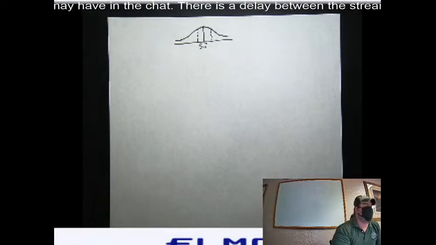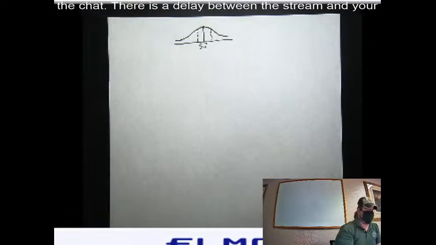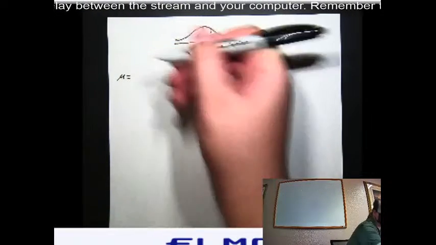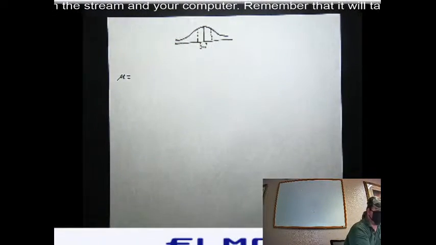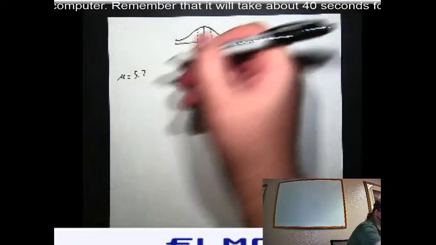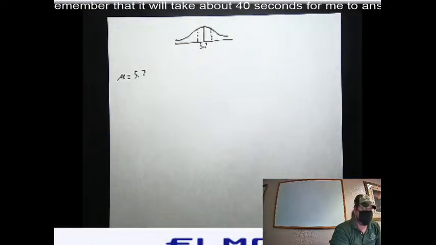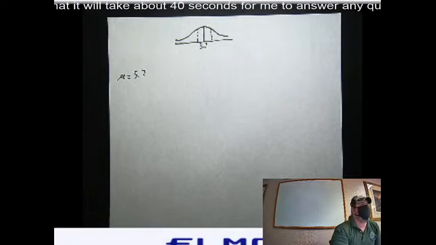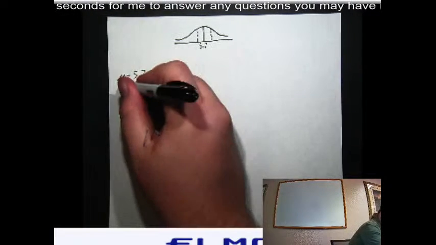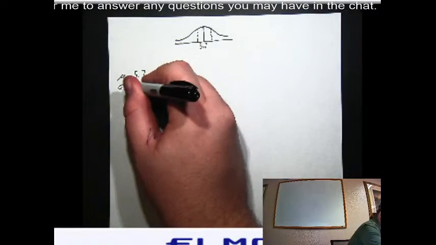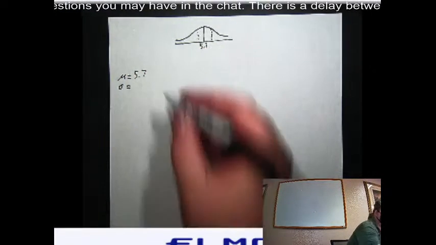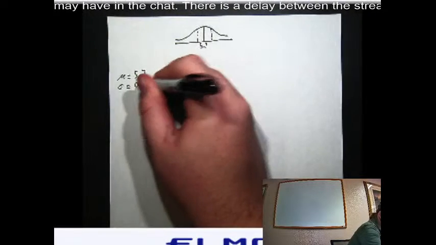Now, let's say that we know some data. Again, we know that the mean, mu, is 5.7. And let's say that this doesn't vary all that much. Let's say that our standard deviation is only about 0.3 feet.